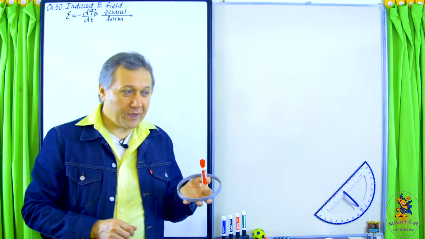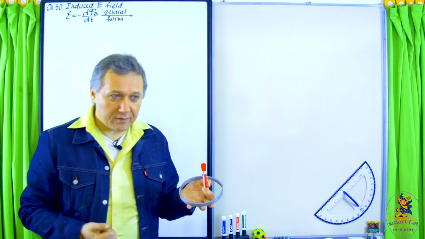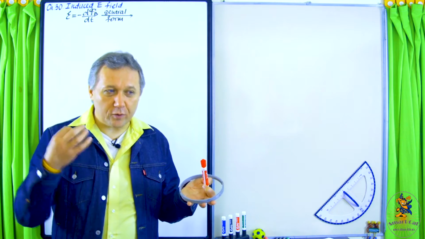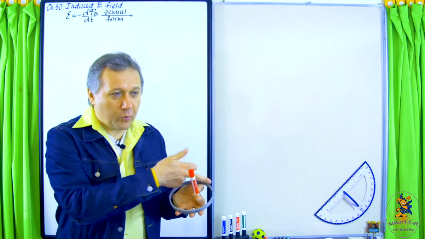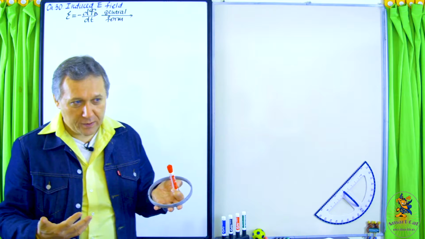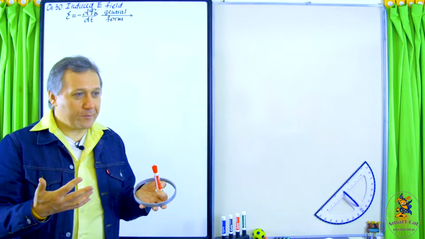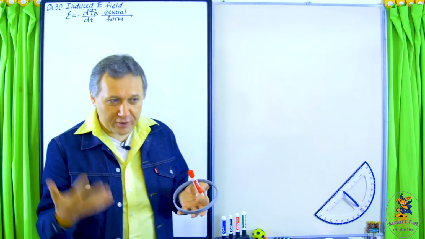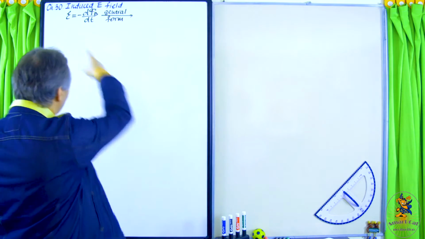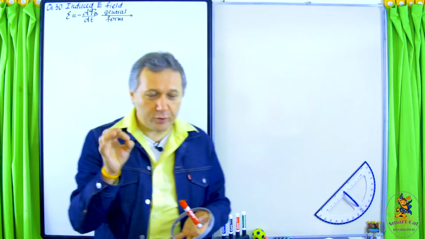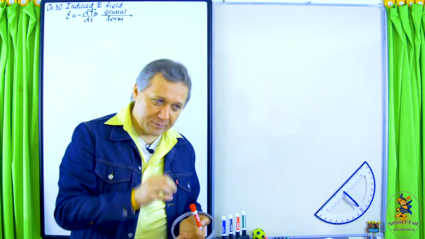And then I ask you, if there is a current, usually it is a consequence of what? Students say potential difference. Yes, but that's what we have in our Faraday's law. So we wanted to go one step deeper.